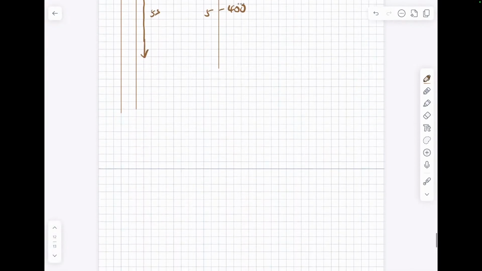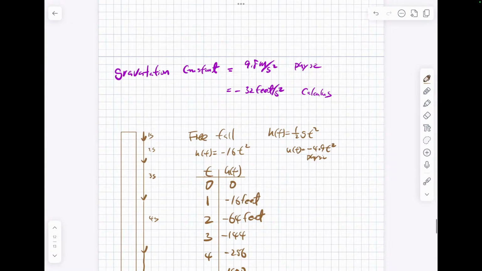Okay, so that's free fall. Now, this is Mr. Ye right here on top of the building. He's not going to jump off, don't worry. But he decided to hit a golf ball. So he takes a swing at a golf ball, and the golf ball is going to go up, and it's going to come down.